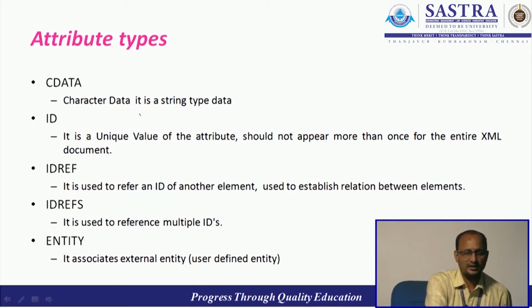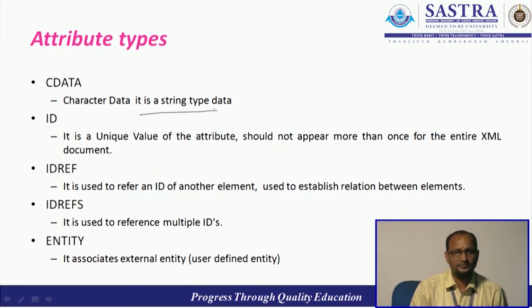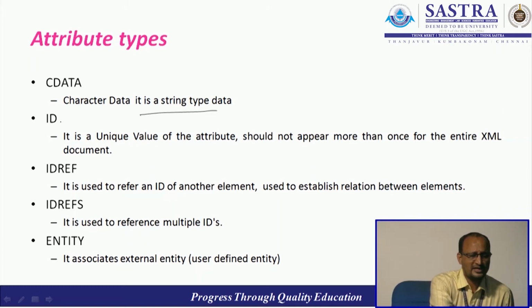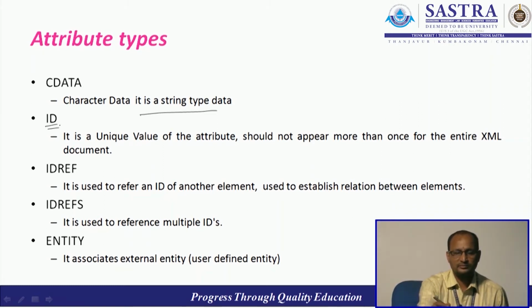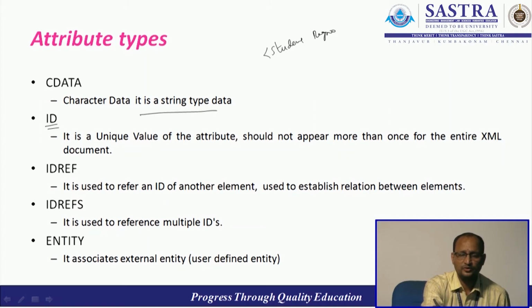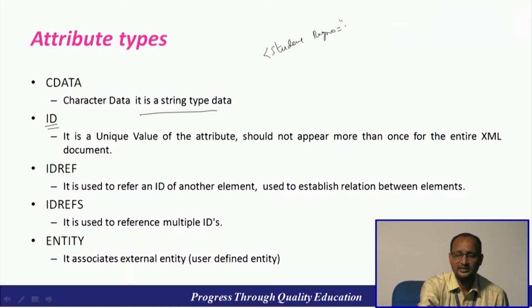It is like string type data, and the attribute can hold any values. Next one is ID. The ID type is used, for example, for a student whose register number should not be repeated more than once in the entire XML document.